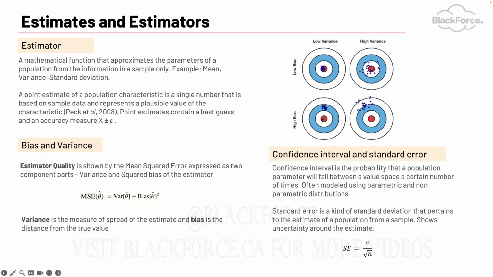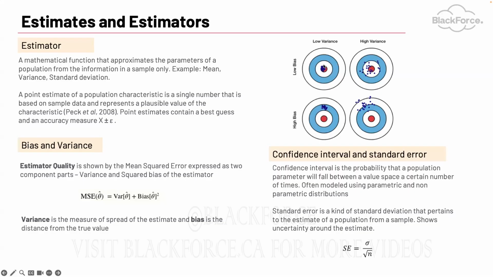If the red is the value we're trying to estimate, and we have an estimate that's not dispersed but is far from the mark, we say we have bias. That's the systematic bias. It's not correct, but it's well concentrated around the wrong number.